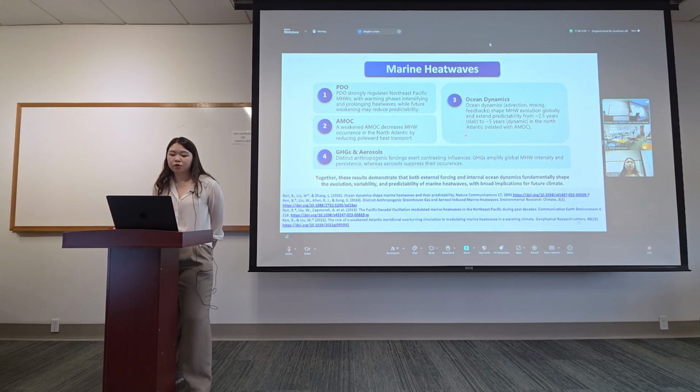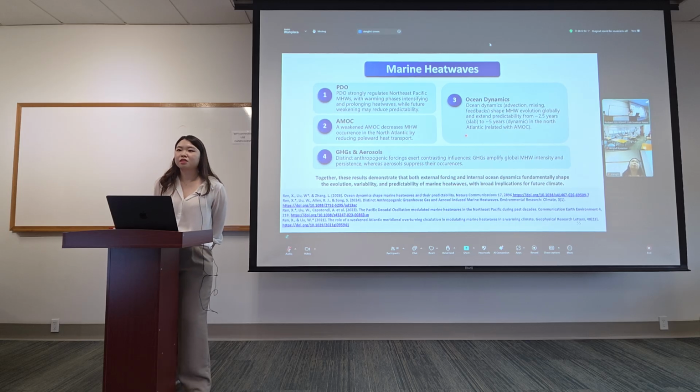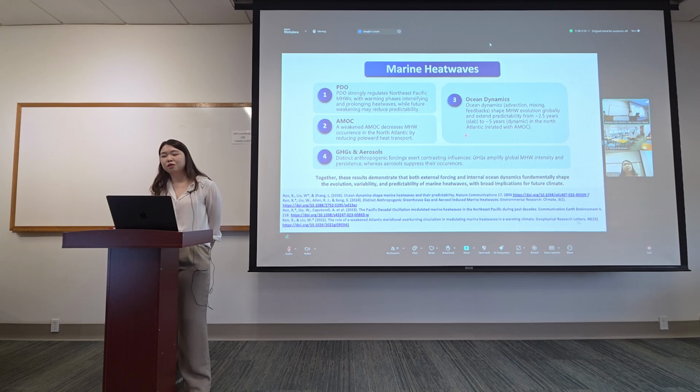Second, we look at the Atlantic, the AMOC effect. We found that the weakened AMOC will reduce the northward heat transport, which can reduce the likelihood of marine heat waves in the Northern Hemisphere. But it's like a bipolar seasonal pattern, so it will cause more marine heat waves in the Southern Hemisphere.